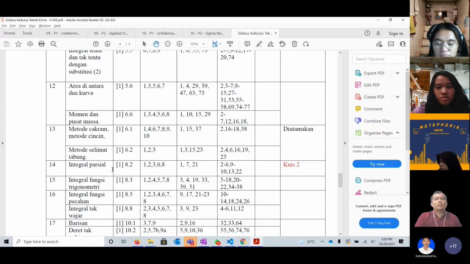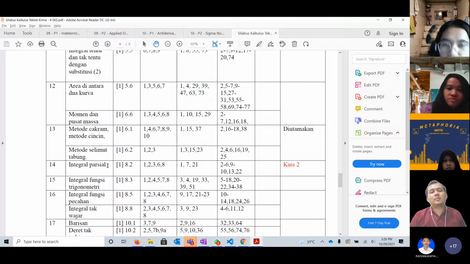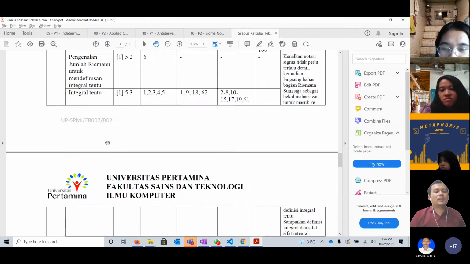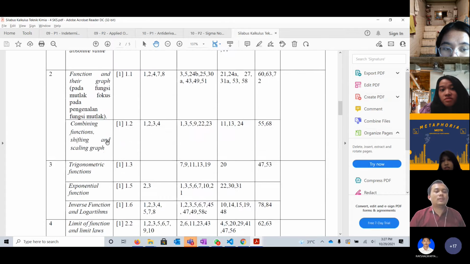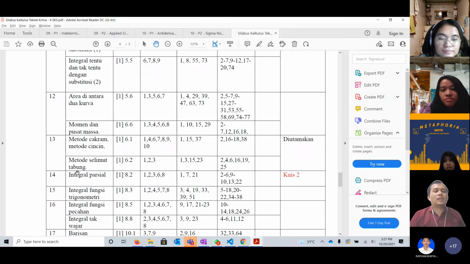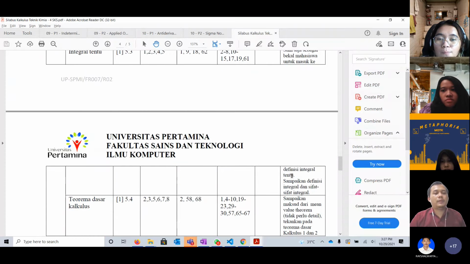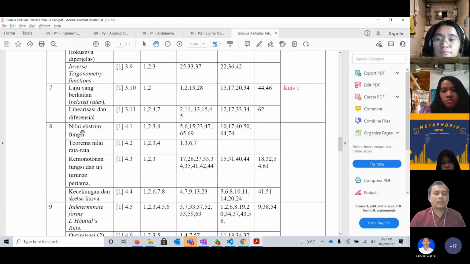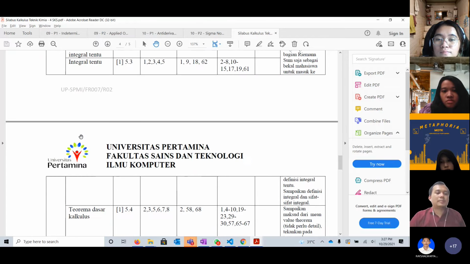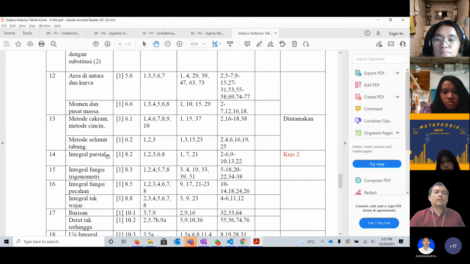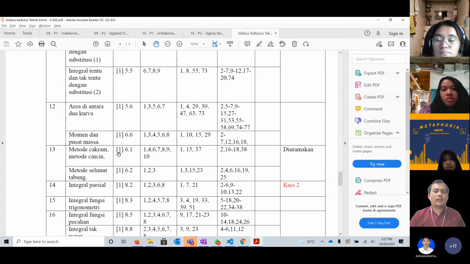So the midterm will include everything from the beginning, from week 1, from inequalities up to partial integration. But before the midterm, we will have our second quiz. The material will be from extreme values, from this morning up to partial integration.